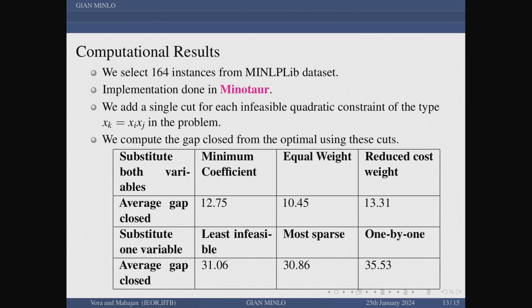We tested our cuts on the MINLPLib dataset, some 164 instances. We implemented it in Minotaur, and we see that the best performing variant can close 35% of the gap. These numbers are percentages. So you can close 35% of the gap from the optimal, which is very nice.